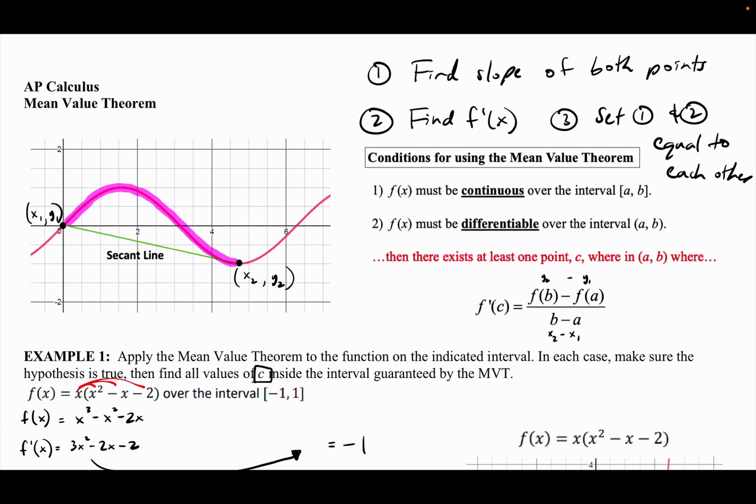Number 2, find f prime. Number 3, last step, set 1 and 2 equal to each other. Solve, you're done.